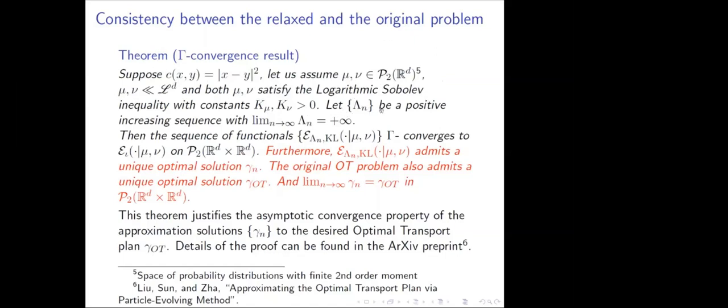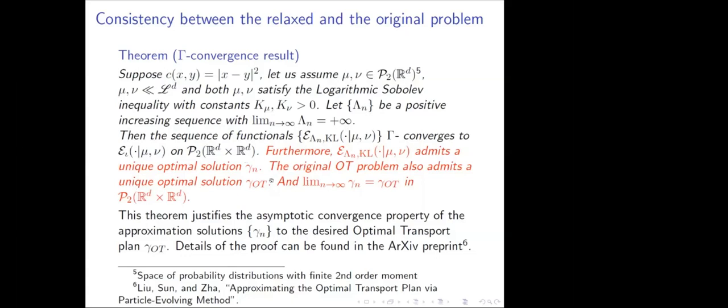And we assume that the coefficients lambda n are an increasing positive sequence, and this lambda n approaches positive infinity. Under these assumptions, we can prove that the sequence of the functionals will Gamma-converge to the epsilon alpha functional, which is associated to the control-rich problem.